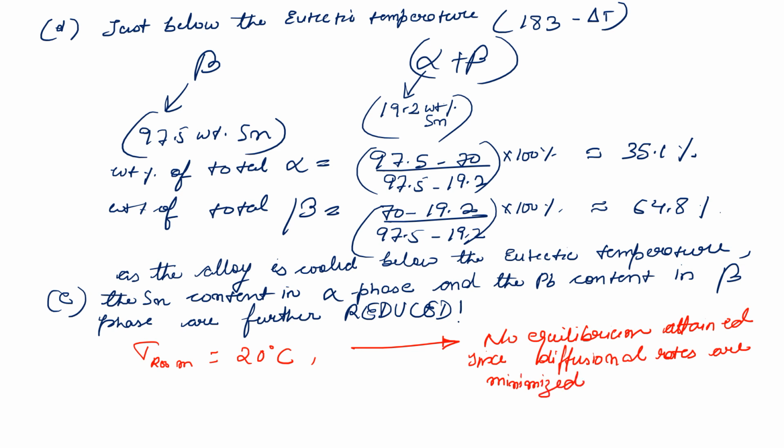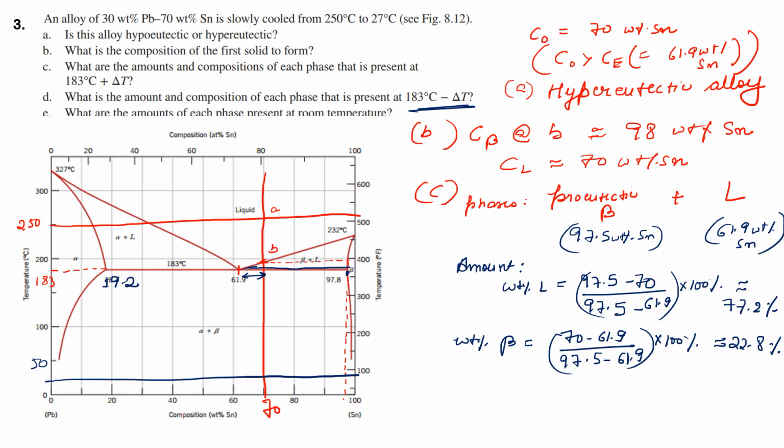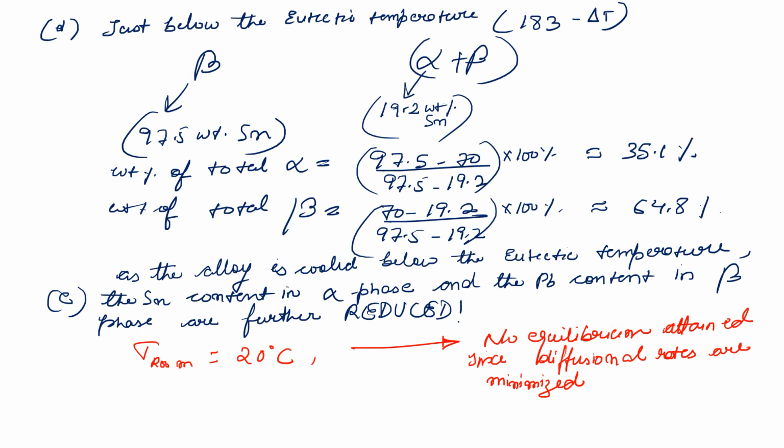Because of the very slow diffusion, the concentration will not be able to follow the equilibrium curve, and that's the reason why you can see that these curves don't exist below, let's say, 50 degrees centigrade. At about 25 degrees centigrade we have no equilibrium part of the equilibrium diagram here.